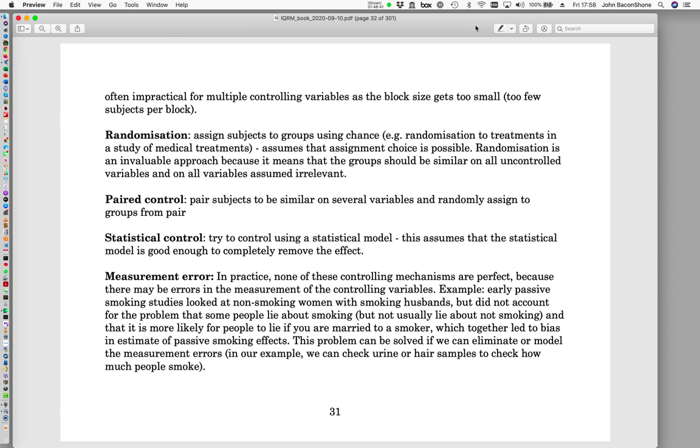So I've got an example here which we will talk about in some detail. This is a study about passive smoking. So what had happened is that we had got to the stage in science where everybody except the tobacco companies fully accepted that smoking was a serious risk to health.